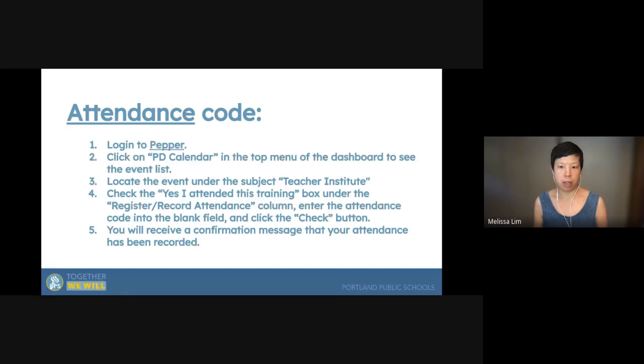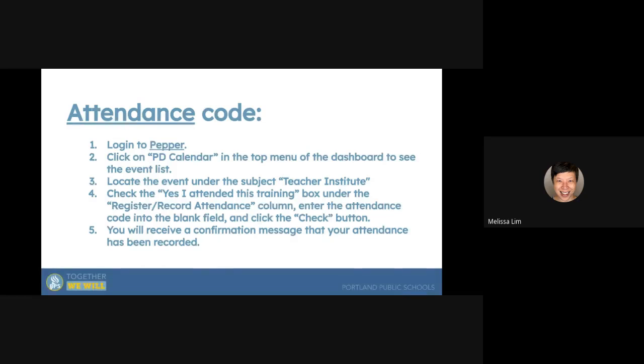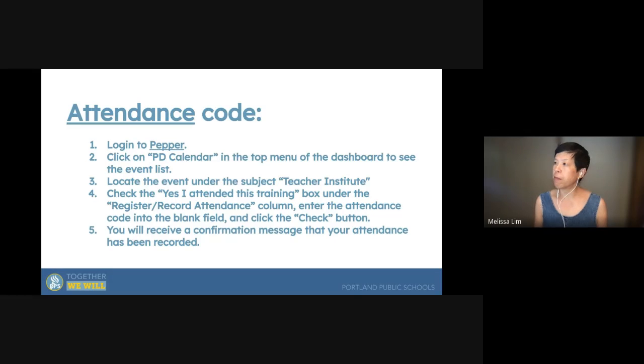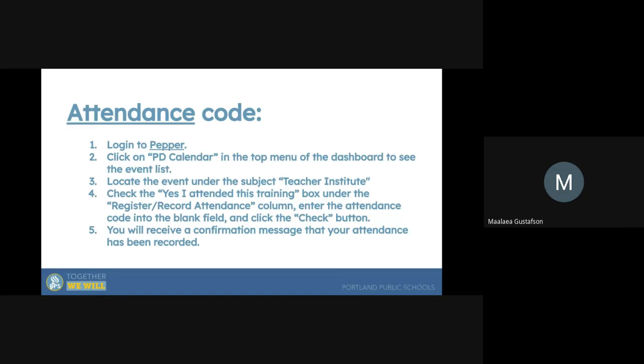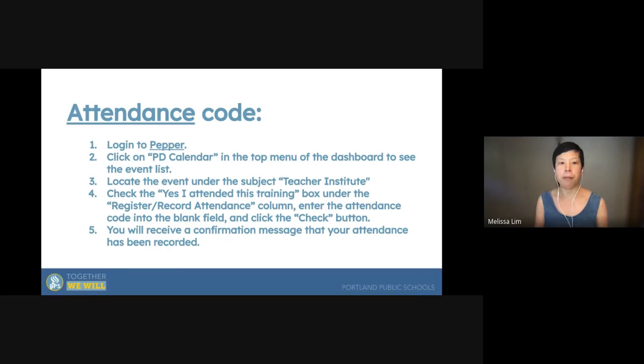Let me try to go there and see what I get. Anyone else, have you successfully done attendance in Pepper right now? Yes, I was able to do it by just refreshing Pepper. Okay, so whoever had that question I didn't see, try to refresh.